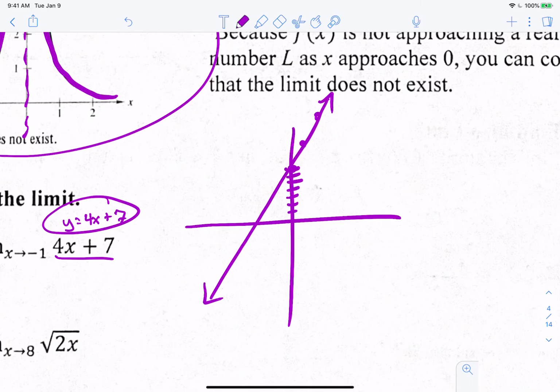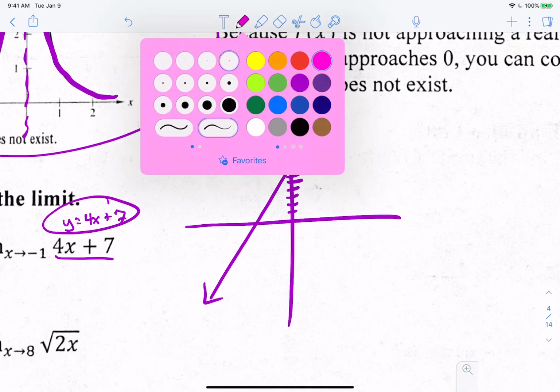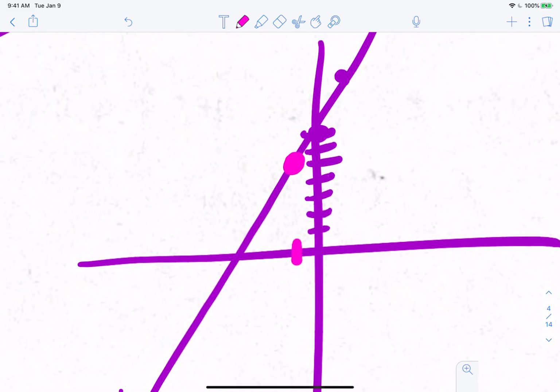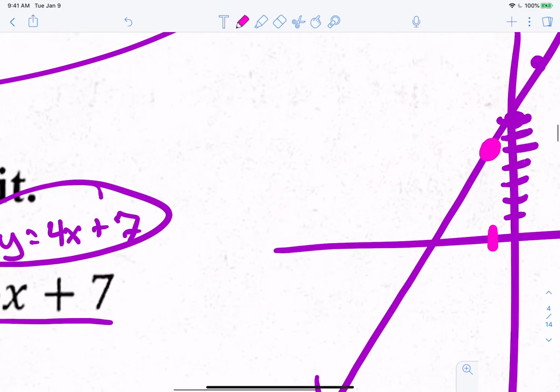Okay? So I want to know at negative 1. At an x-coordinate of negative 1, what's he doing on the graph? What's he approaching for the y? Now, this is where it gets kind of stupid almost, because there's not even a hole there. So why am I evaluating at negative 1 when there's not even a hole there?